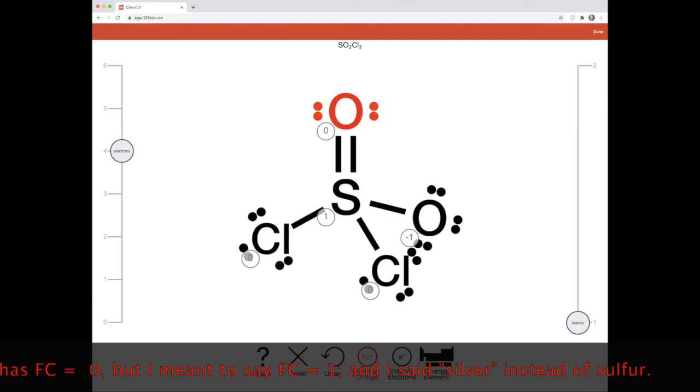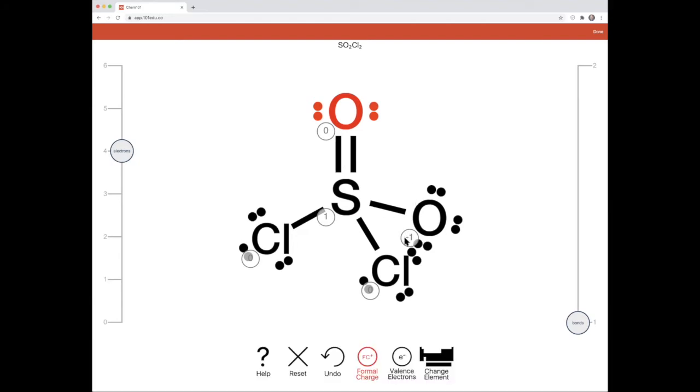But hey, I haven't filled up those d orbitals completely yet, right? So maybe I could even reduce it a little further. And the answer is yes, I can. I'm going to do that again with this oxygen over here, because it's still got a -1 formal charge, and the sulfur still has a +1 formal charge. So maybe I can do better by converting this single bond into a double bond as well.